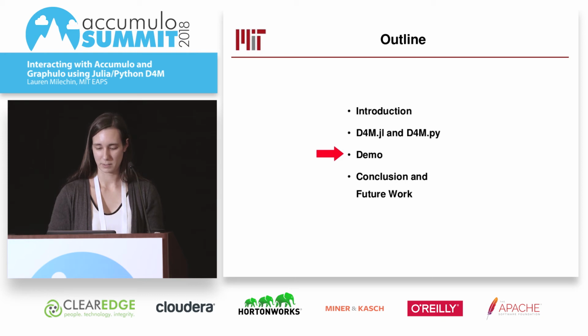I think I told it a maximum of 10 iterations. These all come pre-implemented in Graphulo, the ones that I'm showing today. There's also, I believe, some implementation for triangle counting as well, if you're interested in that. We're at iteration 9, so it's almost done.